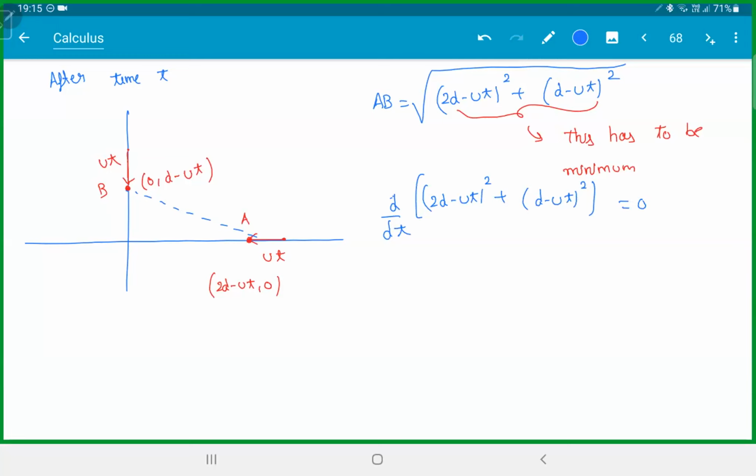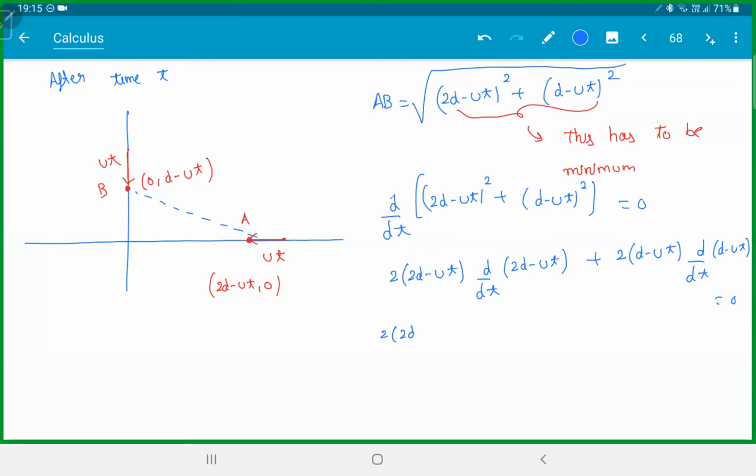So if I differentiate this, remember chain rule. Remember here t is a variable, d is constant. 2 times (2d minus ut), and then differentiate whatever is inside. I am writing it in more detail. This will be 2 into (d minus ut), and then differentiate whatever is inside. Simplify this.